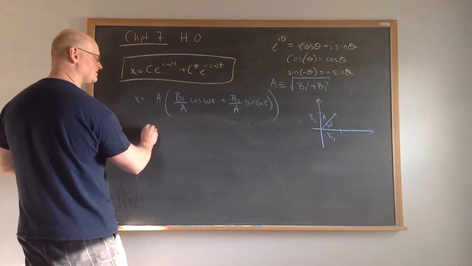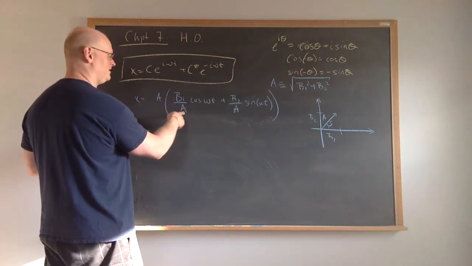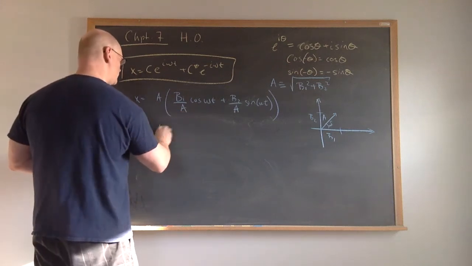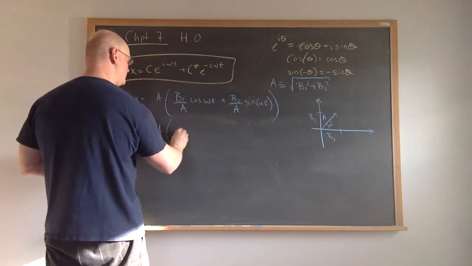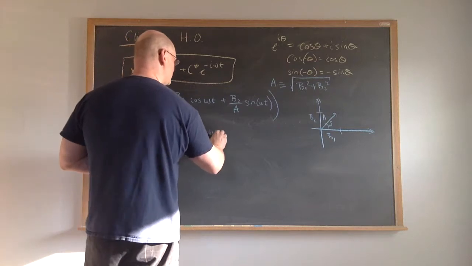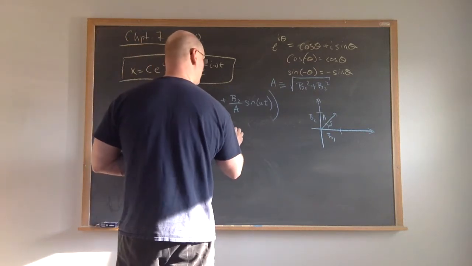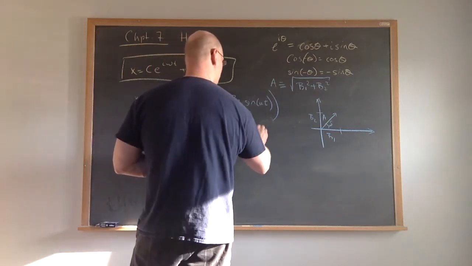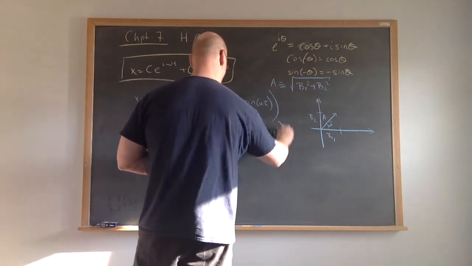So ultimately it's going to be a times cosine of delta times cosine of omega t plus sine of delta times sine of omega t.